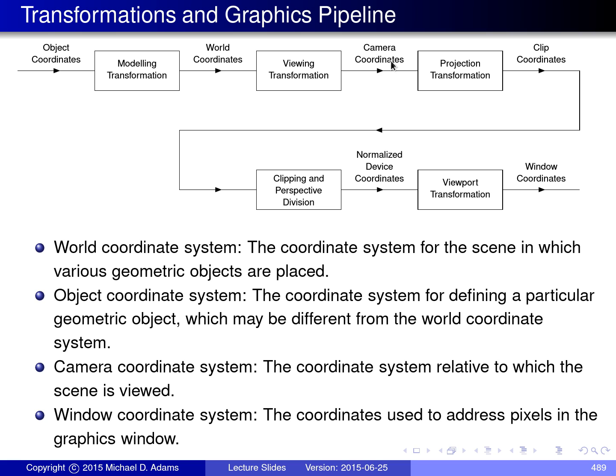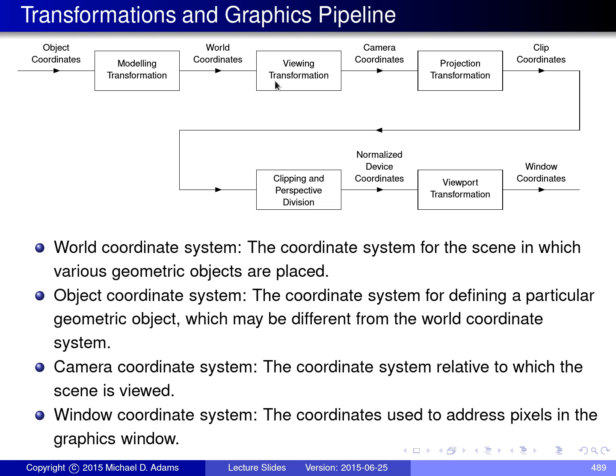Camera coordinates, which correspond to the camera coordinate system, something known as clip coordinates, which correspond to the clip coordinate system, normalized device coordinates, which correspond to the normalized device coordinate system, and then window coordinates, which correspond to the window coordinate system. And we also have a bunch of transformations that are used to map between these different coordinate systems. So the modeling transformation maps from the object coordinates to world coordinates.